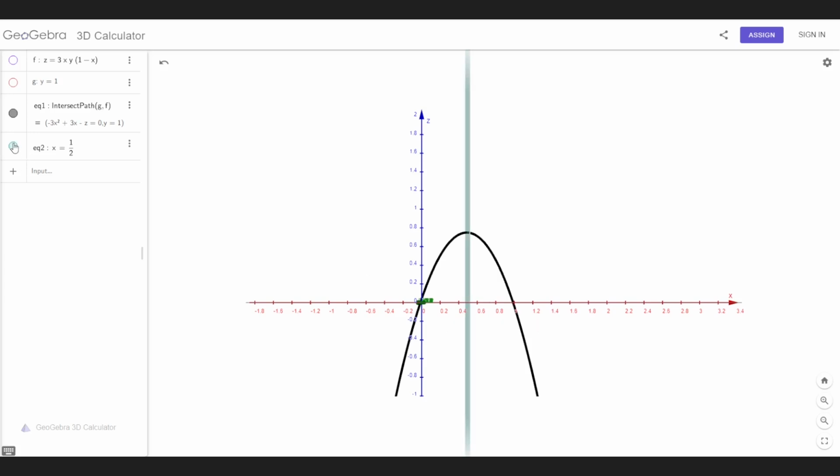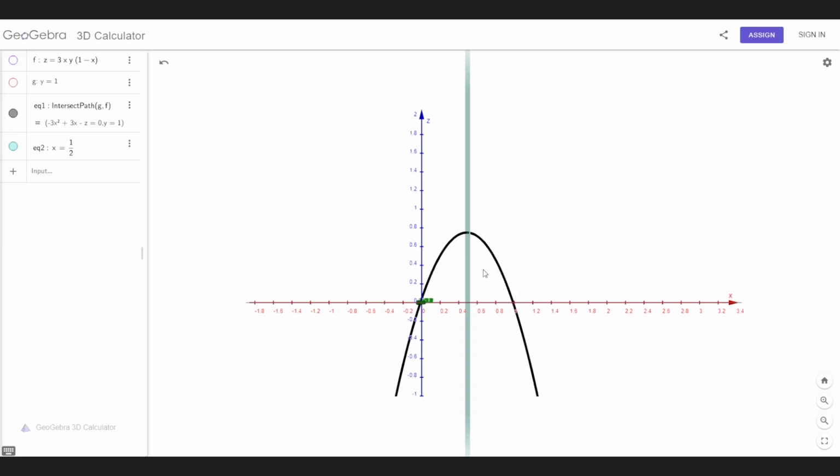So this is x equals 1 by 2. This is clearly a function of one variable, and we have to find the probability that the random variable x will take a value greater than half. So we will calculate the area after half and divide it by the total area when y equals 1. That's what we have to do.